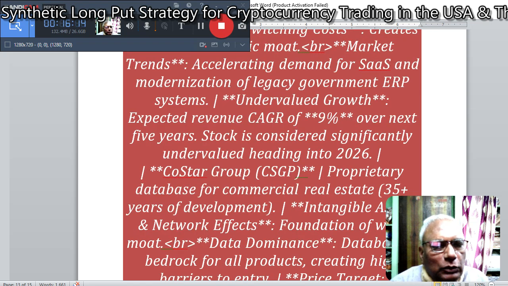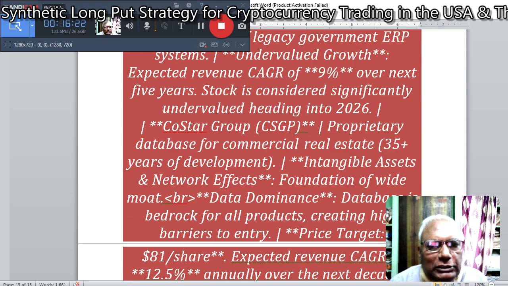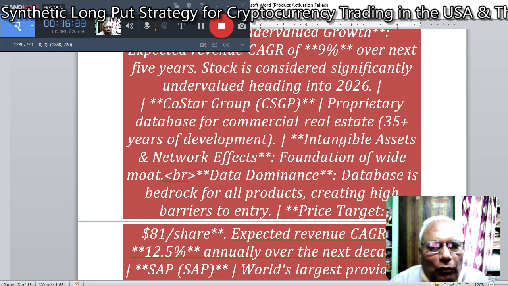Second company is CoStar Group, CSGP, property database for commercial real assets, 35 plus years of development. Intangible assets and network effects are the foundation of the wide moat.